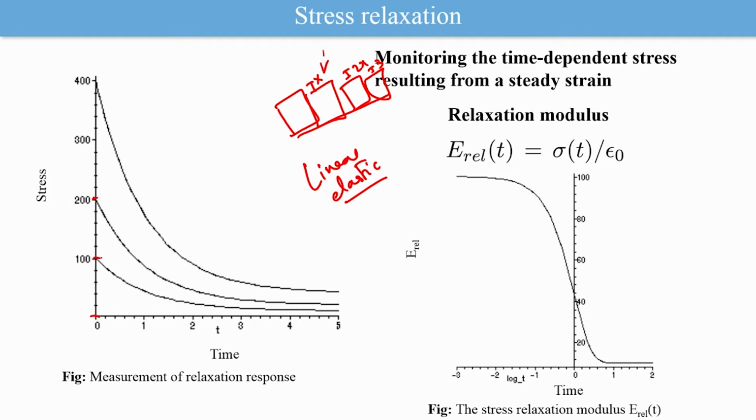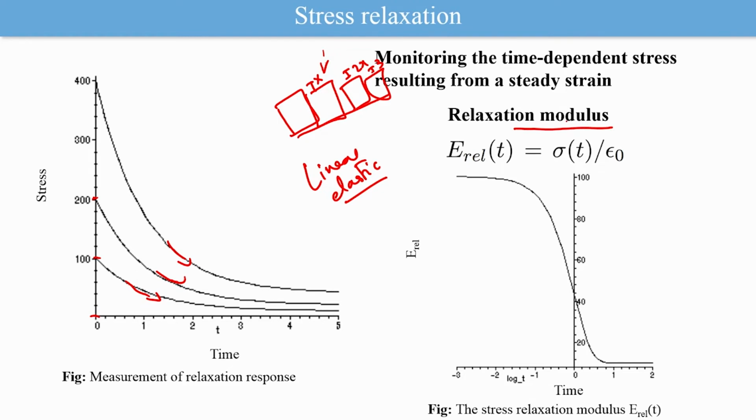So, after applying this displacement, you just keep on measuring the stress in the material. You will understand that over a period of time the stress in the material comes down. That means the tissue or the material relaxes, or the stress reduces. So, this is called stress relaxation.